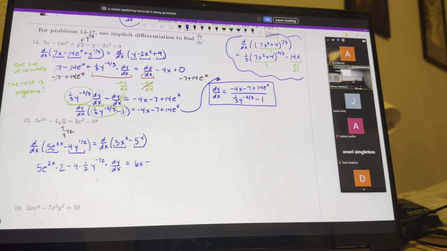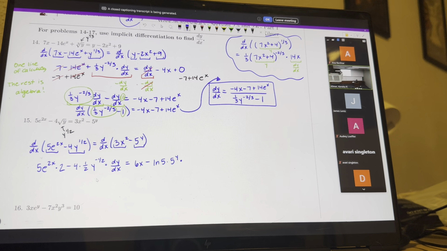Minus to find the derivative of 5 to the y, since we're taking the derivative with respect to x and treating y as a function, this is a composite function where 5 to the x is our outer function and y is our inner function. So this would be the natural log of 5 times 5 to the y. That right there is the derivative of outside evaluated at the inside.